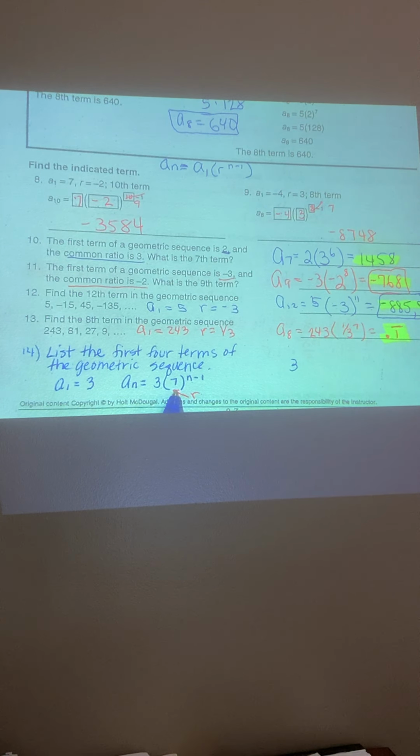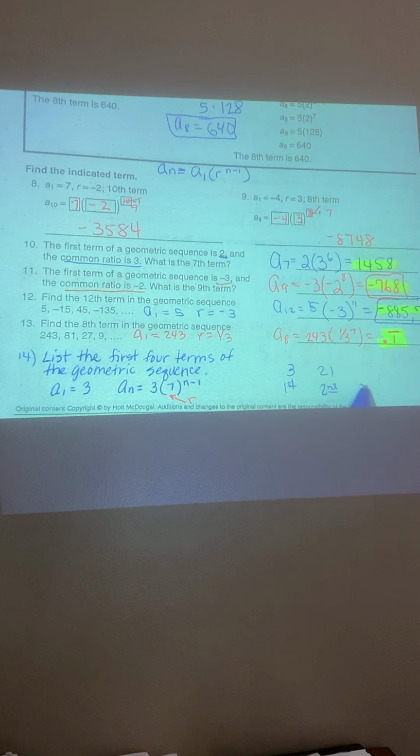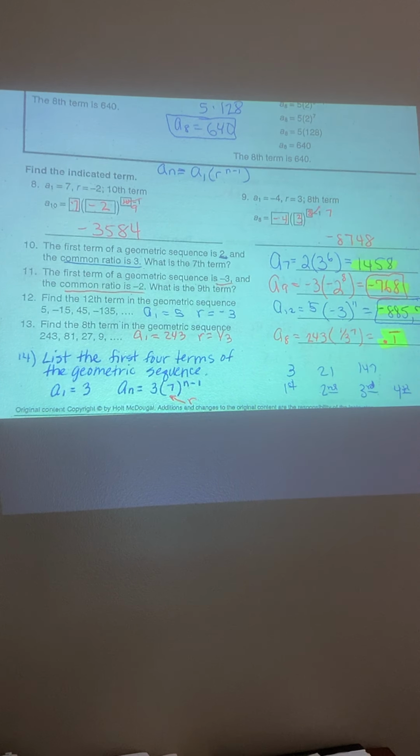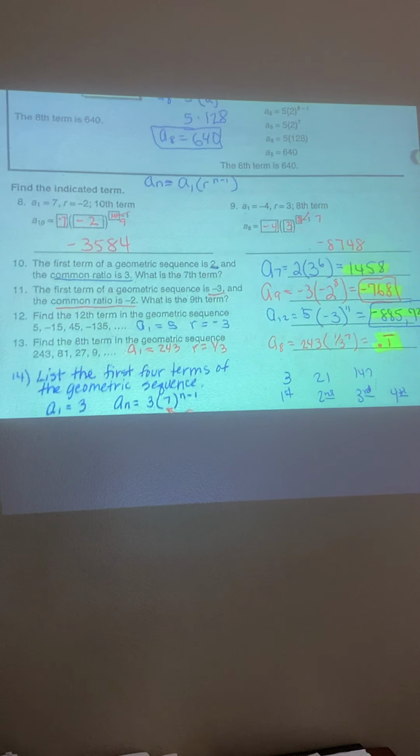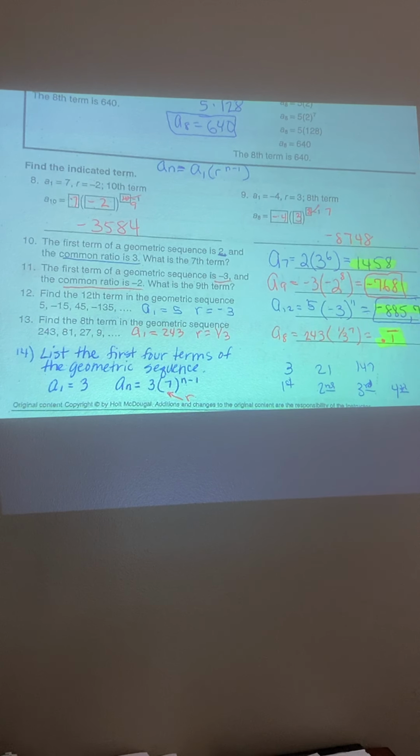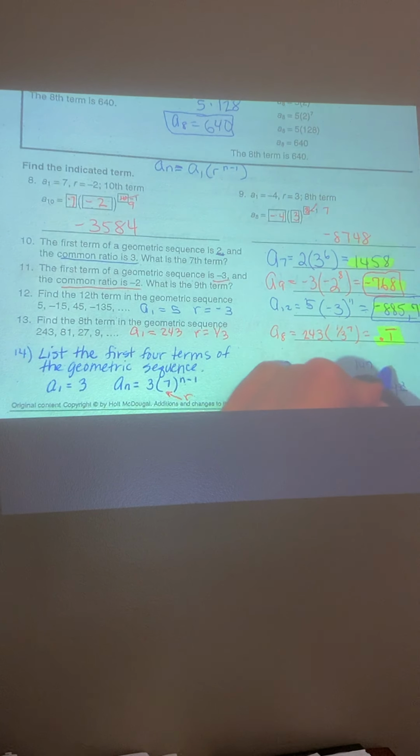The second term is times 7, which is 21. The third term is times 7, which is 147. And the fourth term is 147 times 7, which is 1,029.